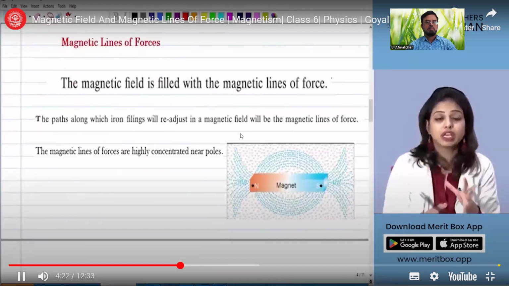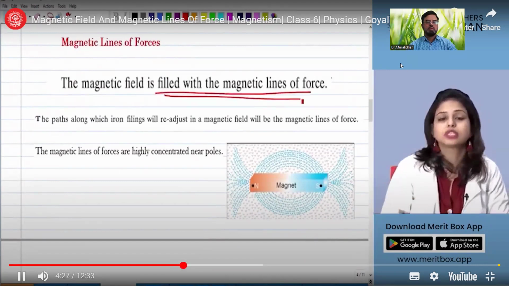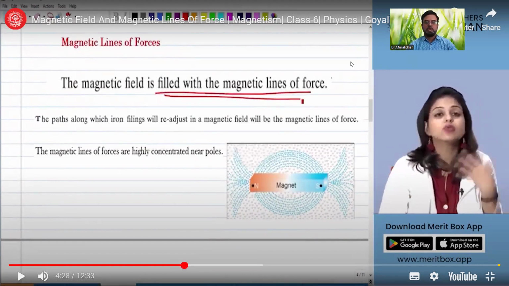Now, what are the various properties of these magnetic fields? These magnetic fields are filled with the magnetic lines of force. Now, we already understood. Please note down this point also. What is the magnetic line of force? I'll explain it later. The path along which iron filings readjust in a magnetic field will be magnetic lines of force.